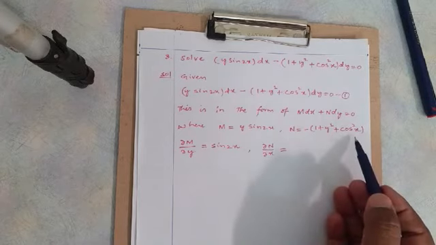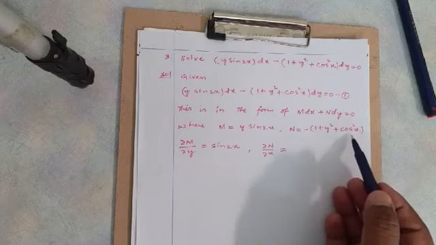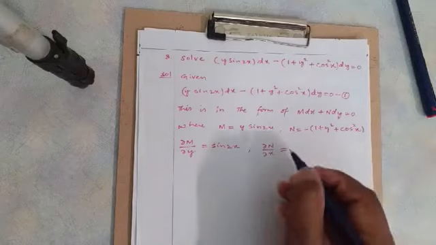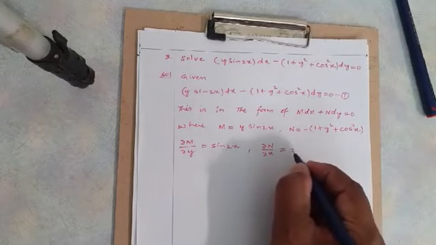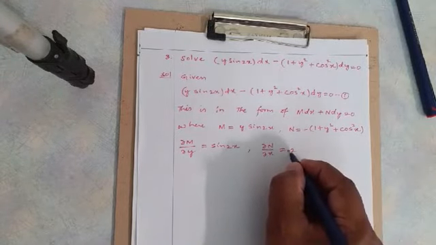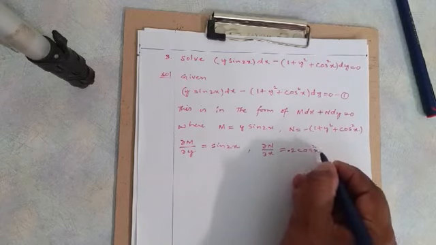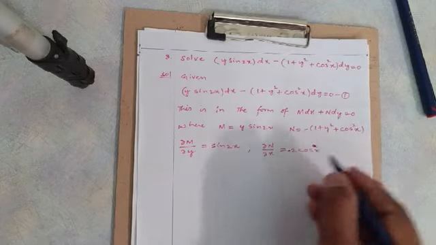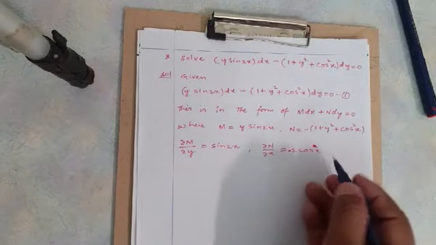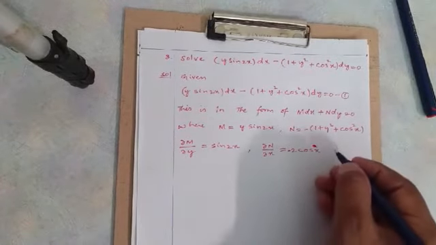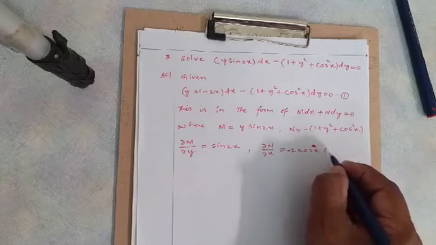Now here we have cos square x. If you differentiate this, it becomes 2 cos x. Again, when you differentiate cos x, that becomes minus sin x.